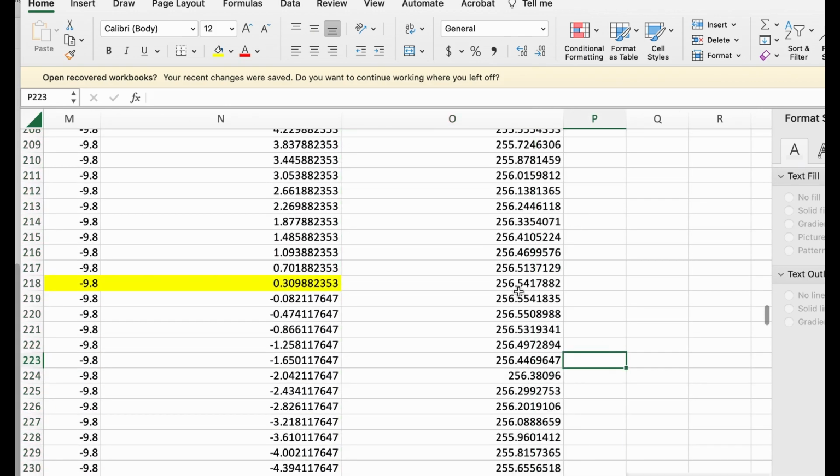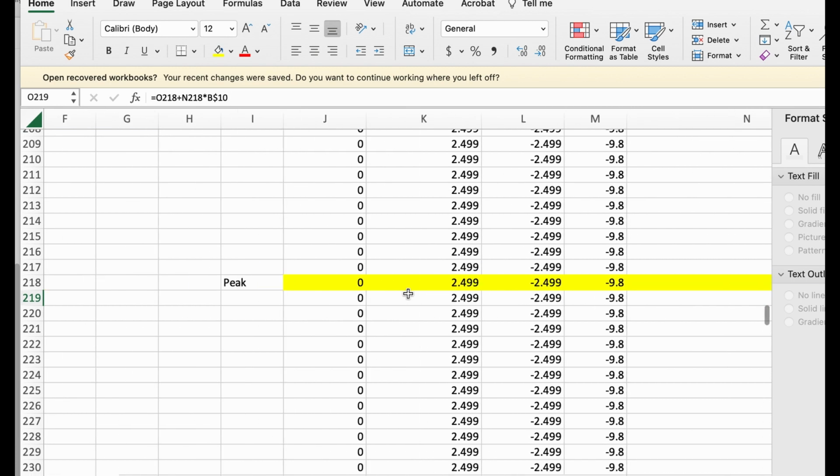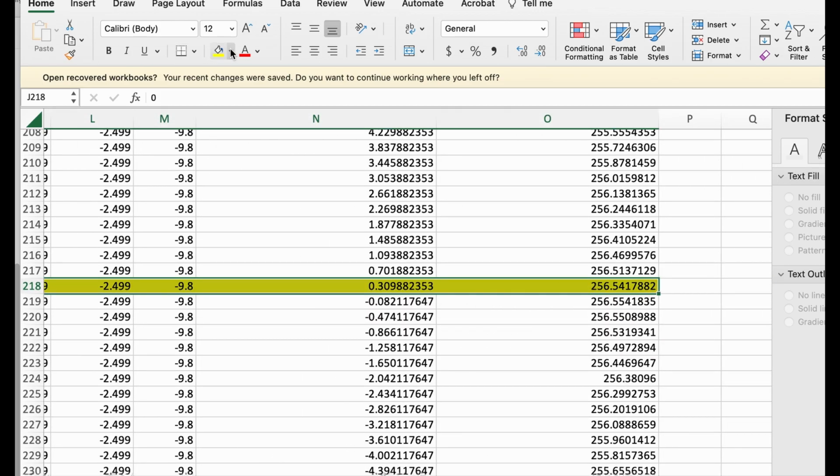It gets up to around a maximum value of 256.5. That's approximately the peak. You could argue this one might be the peak because it's the highest position value. And that's when the velocity is closest to 0, so I'll shift it down, that's fine.